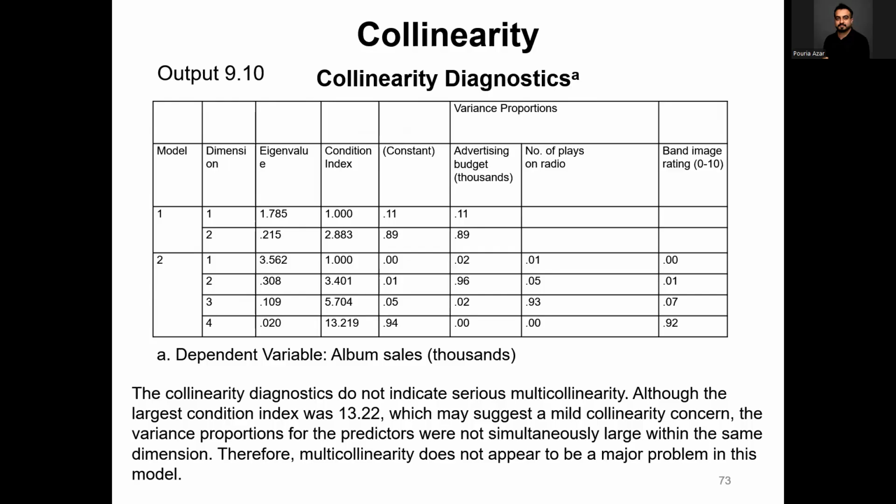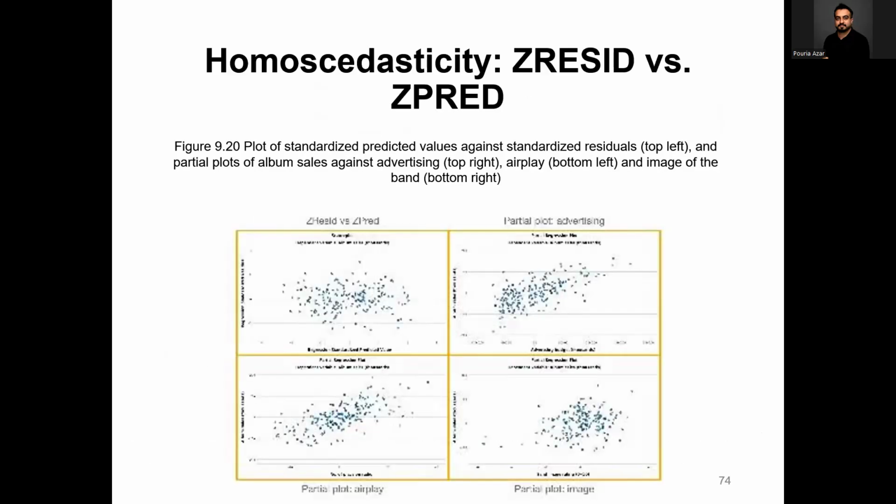So I can say the collinearity diagnostics do not indicate serious multicollinearity. Although the largest condition index was 13.22, which may suggest a mild collinearity concern, the variance proportions for the predictors were not simultaneously large within the same dimension. Therefore, multicollinearity does not appear to be a major problem in this model.